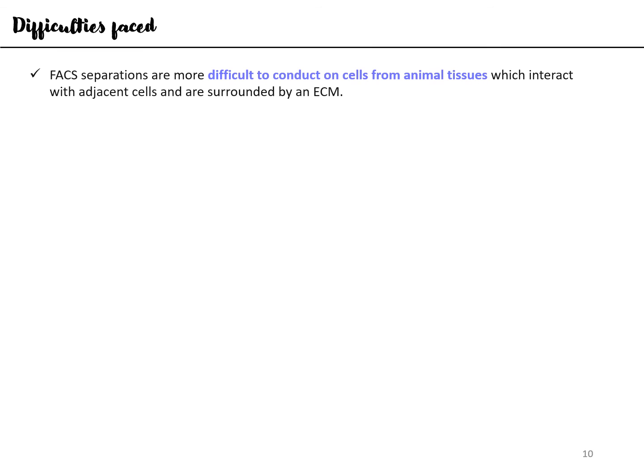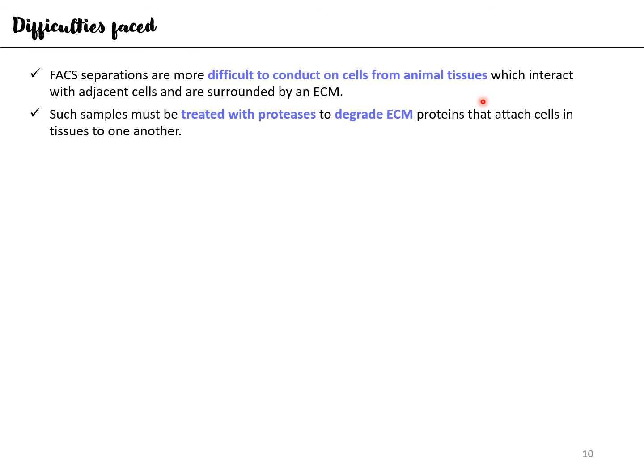Now a little bit about some of the difficulties that are faced when performing flow cytometry. FACS separations are more difficult to conduct on cells from animal tissues, which interact with adjacent cells and are surrounded by an extracellular matrix, because these cells will have a tendency to clump together. Such samples must be treated with proteases to degrade the ECM proteins that attach the cells in the tissues to one another.